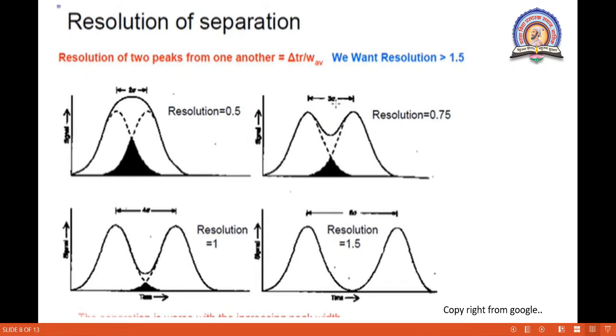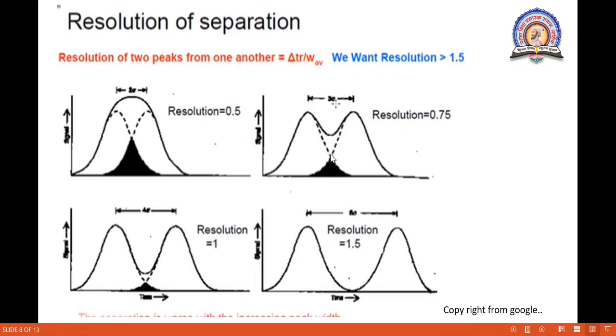So here also we see the different chromatograms. In the first case, only 0.5 resolution is there. That's why there is no separation. Here 0.75. So here also there is no separation. By drawing this tangent, we conclude that these two components are different, but we are not getting a separate peak.